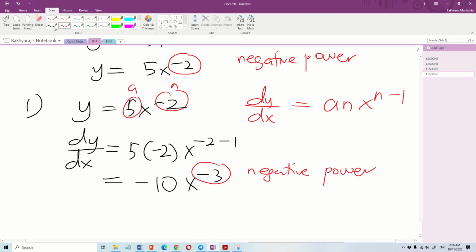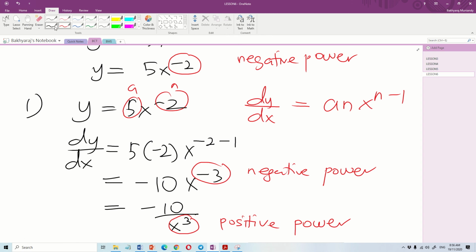So how do we change it to positive power? This is equal to negative 10 over x to the power of 3. It goes to the bottom. The negative becomes positive when you put it as a denominator. So if we move it down, it becomes positive power. Okay, the last answer that I want you to write is this.